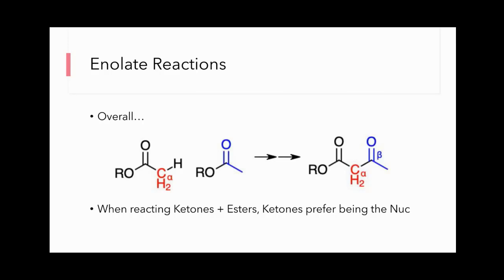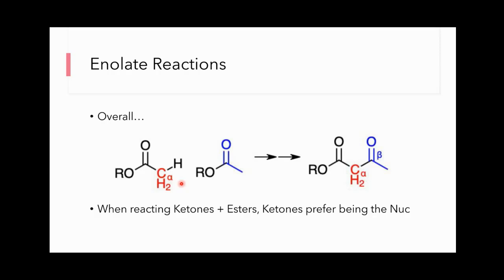Right. So what happens when you're reacting ketones and esters? Which one becomes the nucleophile? Ketones prefer being the nucleophile. So if you have a ketone and an ester, the one that becomes the enolate will be the ketone.